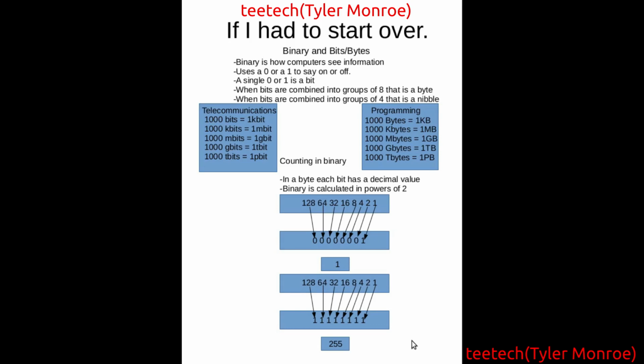Now, it doesn't stop there. You just keep adding bytes together. If we added another byte there, that would be 255 and then another 255. So we could just keep counting. It just keeps doubling. That's the really fun thing. From 128, it doubles to 256, then 512, 1024, 2048, 4096, 8,192, and 16,384, and it just keeps going.